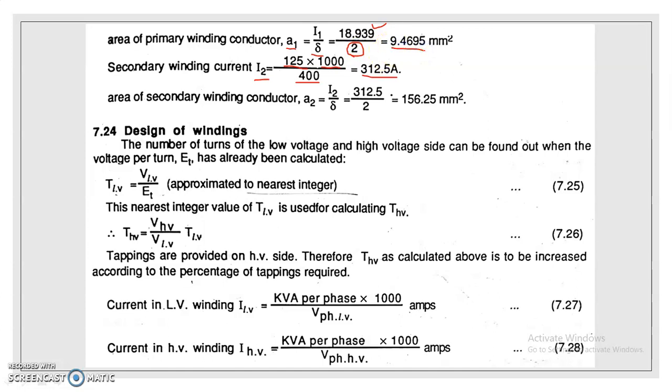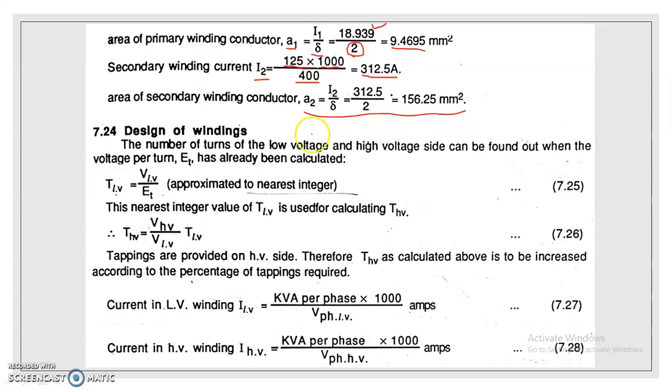We will get the area of cross section of the conductor, or the size of the conductor, for the primary, and the same way you can calculate for the secondary. This is a simple problem regarding calculation of the size of the conductor and dimensions of the limb for a shell type transformer.